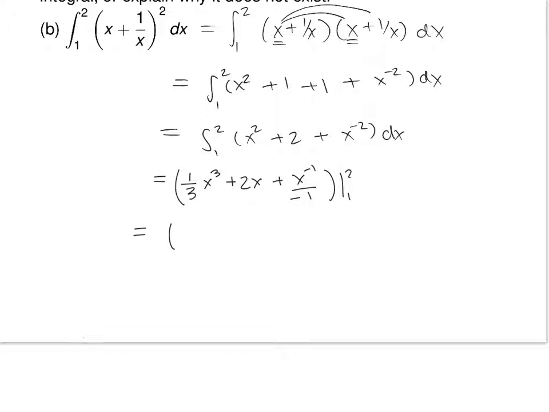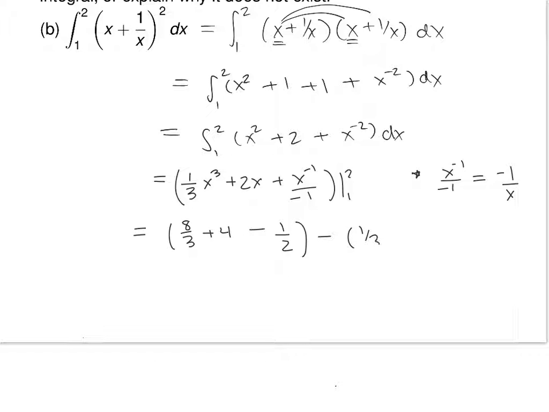So this is going to be 8/3 plus 4 minus a half. Do you get where I got the minus a half? I thought about x to the negative 1 over negative 1 as negative 1 over x. The same thing, right? And then plug in 1.